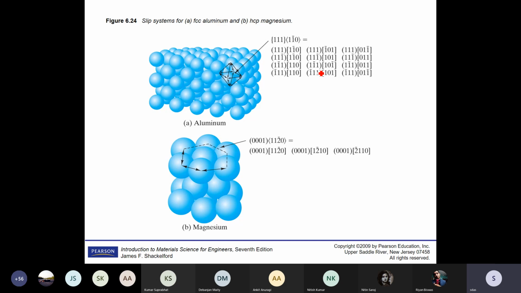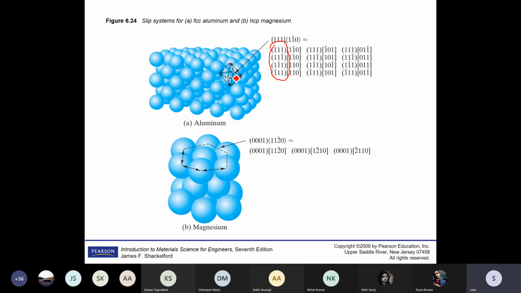FCC has 4 distinguishable types of 111 plane: 111, 11bar1, 1bar11 and bar111. You may ask why there is no bar1 bar1 bar1. That is the mirror image of 111. So there are 4 distinguishable types of slip planes in face-centered cubic.